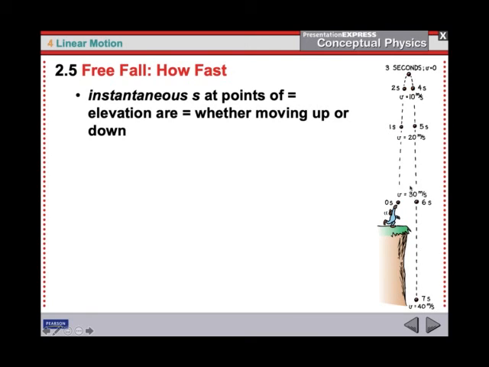Okay, that's really important. So like after 1 second, if the velocity is 10 meters per second going up, as it comes back down to that same height, it's going to have exactly the same speed.